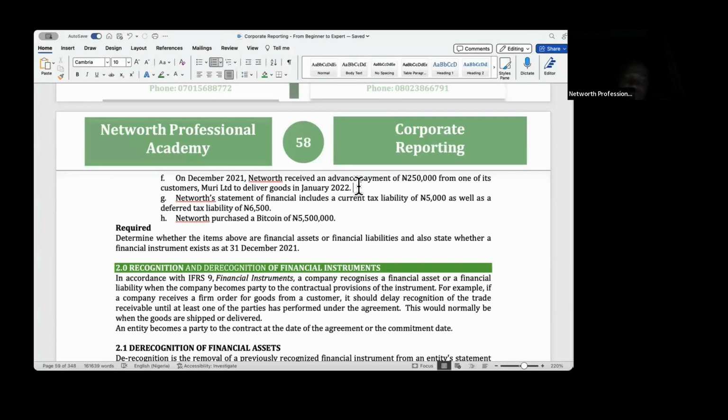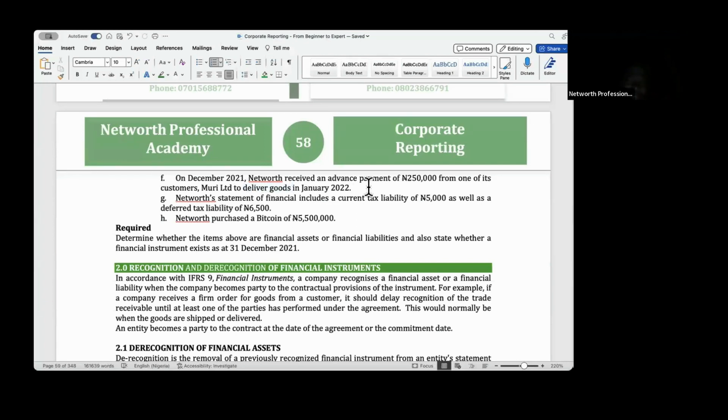And I told you that it is not a financial liability because I have an obligation to deliver that car to you, not cash. So net worth here does not have a financial asset. It's not even an asset, right? What it is is a liability, but it is not a financial liability because what net worth has to deliver now is goods, to deliver goods to Muri.